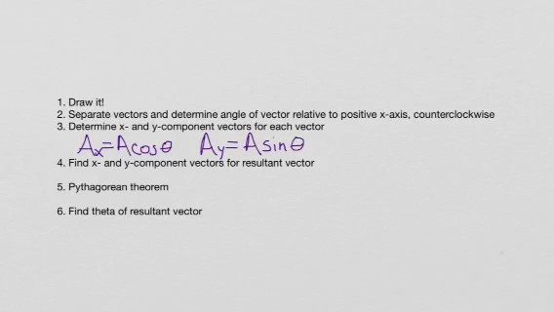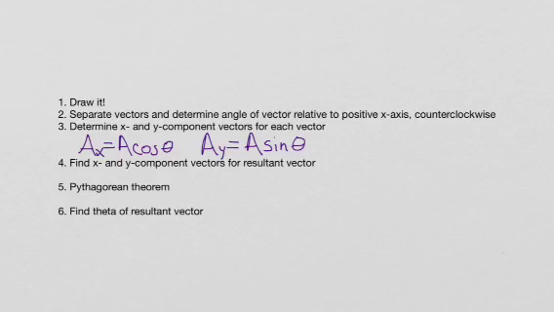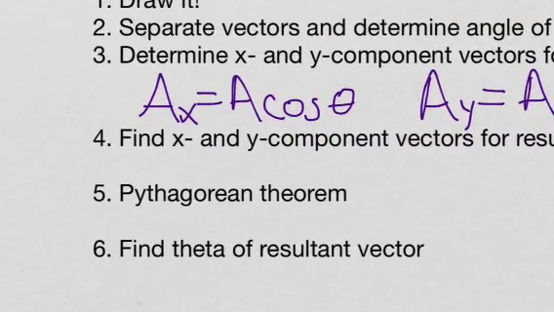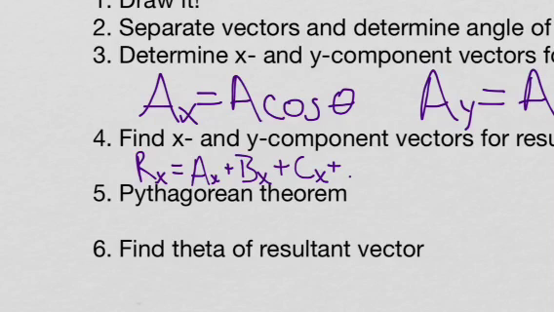Now, we move on to step number 4, finding those for our resultant vector. And the way that we do that is we're actually going to take the sum. So for our resultant vector in the x direction, that's going to be the sum of the x component vectors for all of our vectors. And so on.